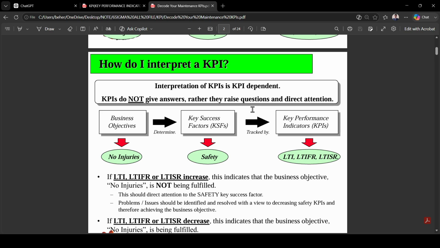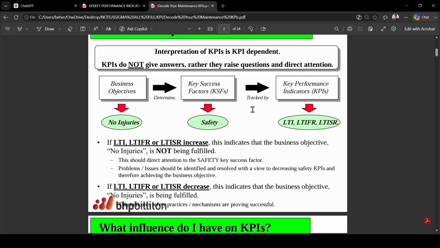And how do I interpret a KPI? KPIs do not give answers; rather they raise questions or direct attention. See the image: if LTI, LTIFR or LTSR increases, this indicates that the business objective, no injury, is not being fulfilled.